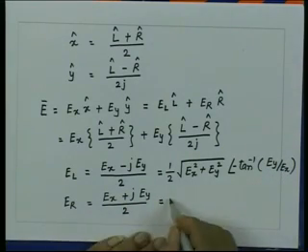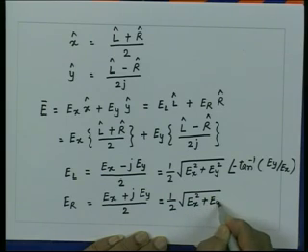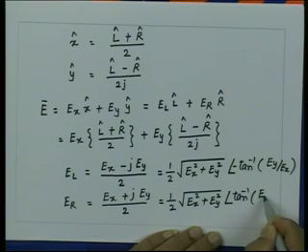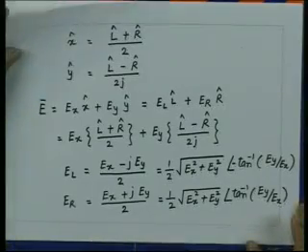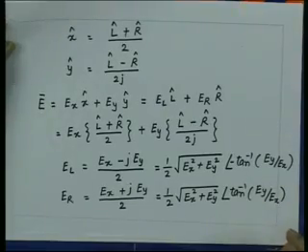Similarly, the amplitude of Er would be half square root of Ex square plus Ey square, with angle tan inverse of Ey upon Ex. Now, if you note here, tan inverse Ey upon Ex is the quantity which gives the inclination of the line which the linearly polarized wave draws.